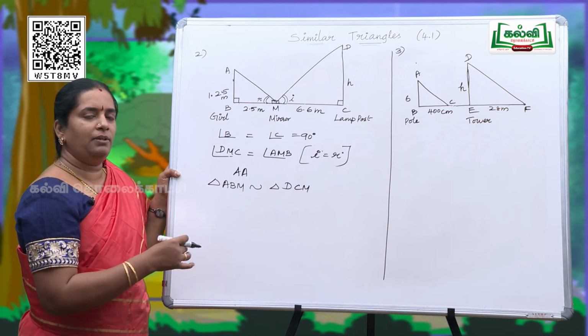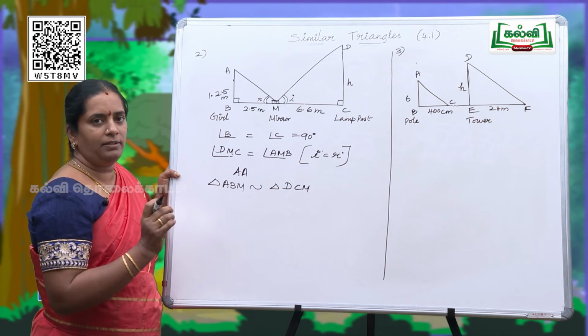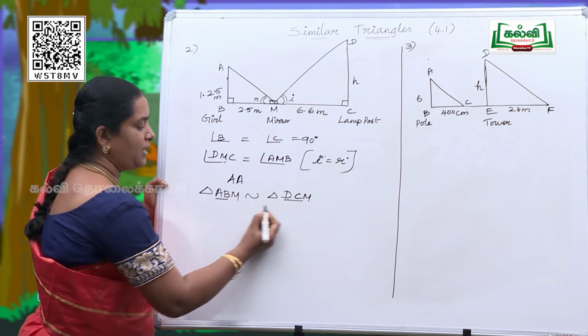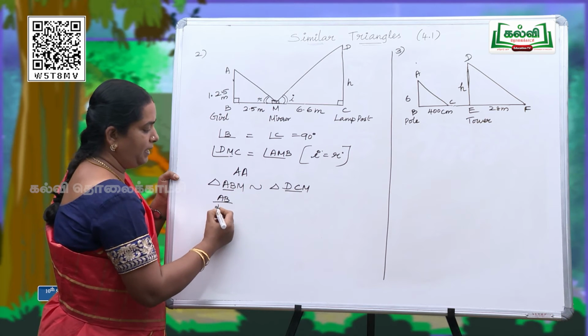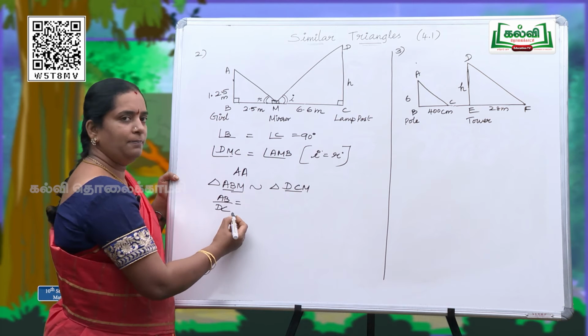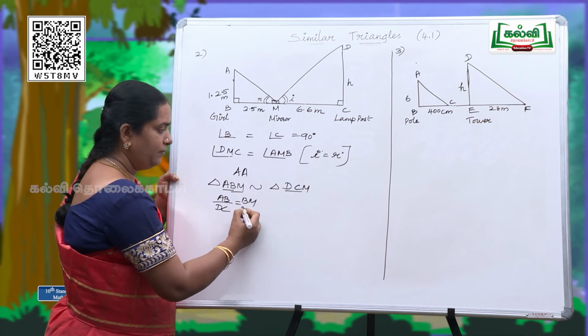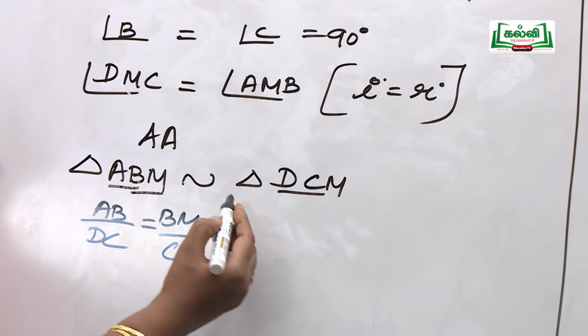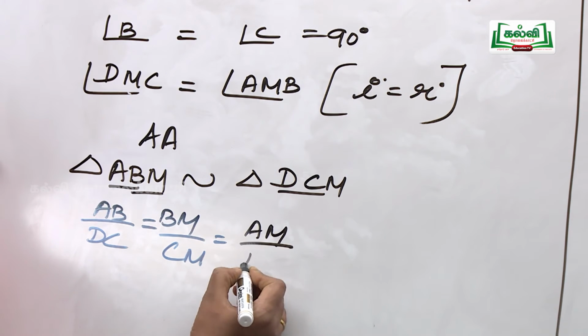Now after naming, we know that the ratios of corresponding sides are equal. So we have to take the ratios as AB by DC is equal to BM by CM, and another pair is AM by DM.